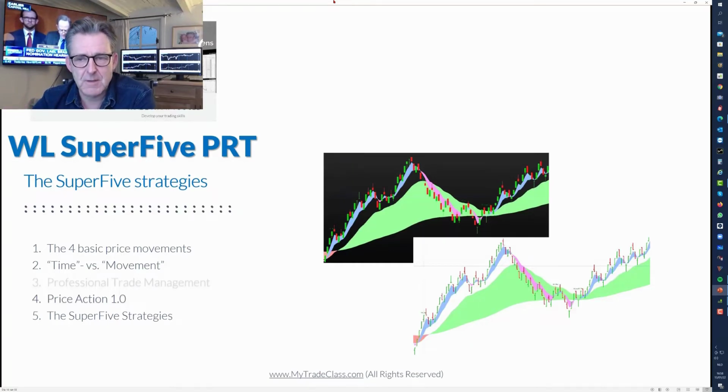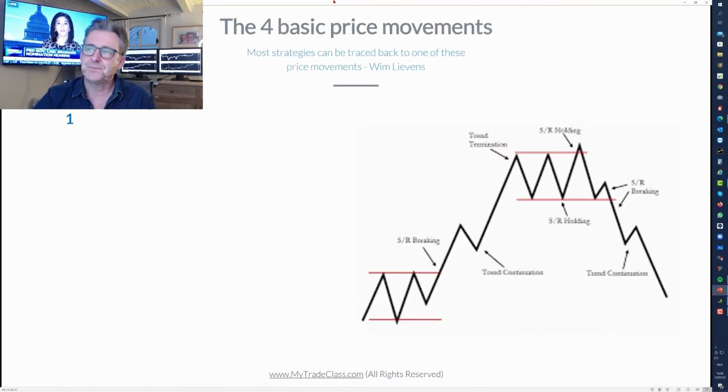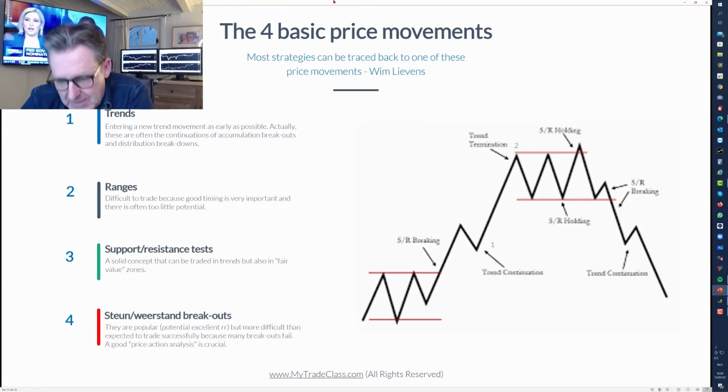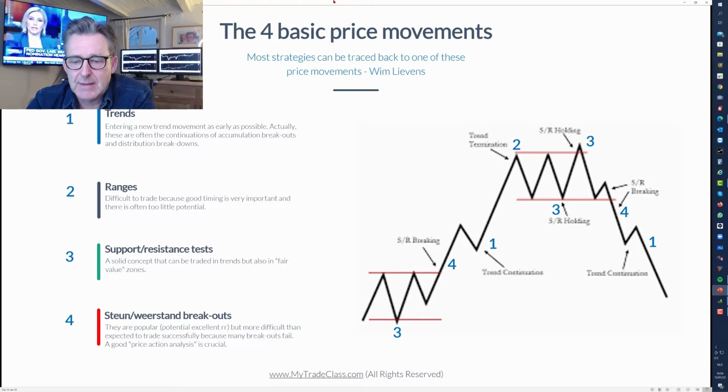A few words about the basic price movements, time versus movement, trading time versus movement, price action trading, and of course my strategies. Now, I know that there are a lot of strategies out there, and I'll come to that, but could we just agree for now that there are not as many things that a price can do?